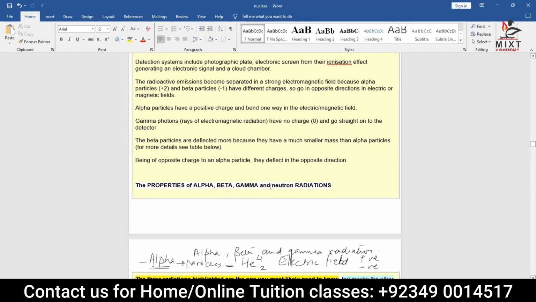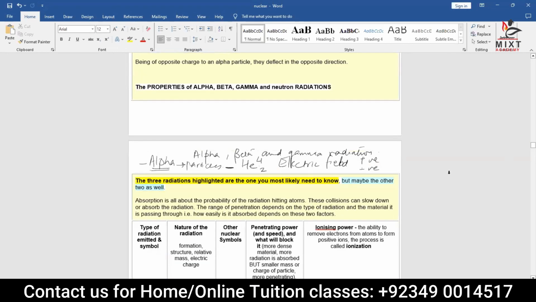The third one is not a part of our course, so we don't have to cover it. First, put a heading: alpha particle. Alpha particles are helium nuclei. Along with that, they have a positive 2 charge.